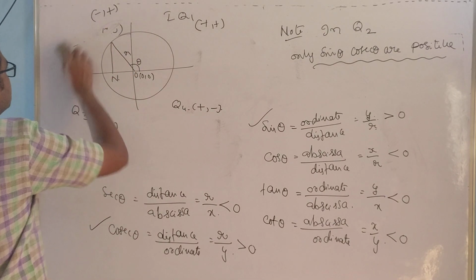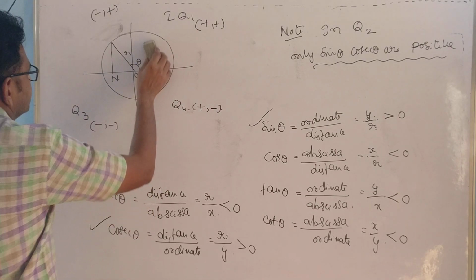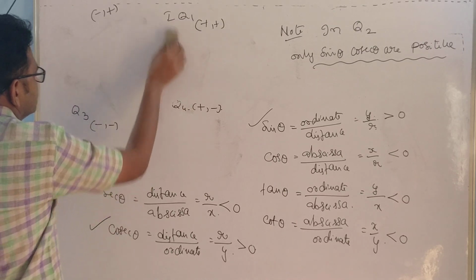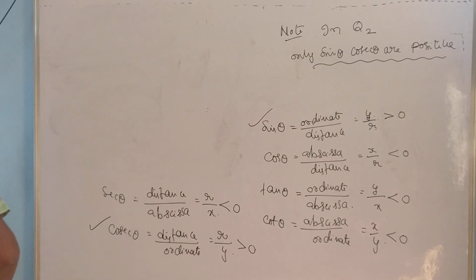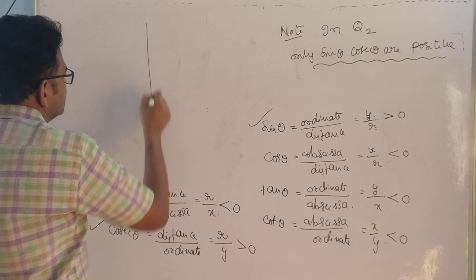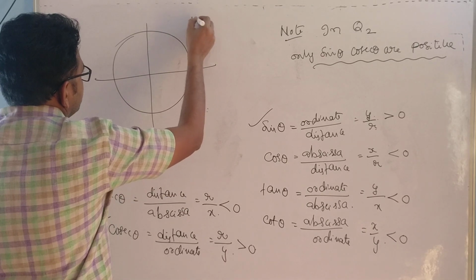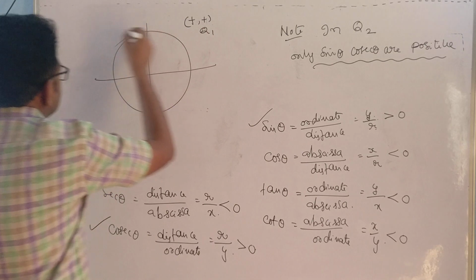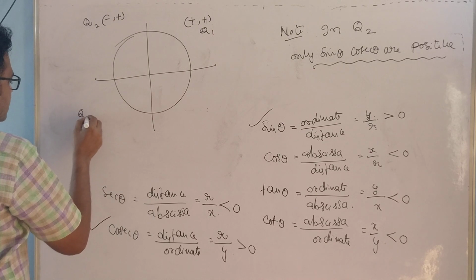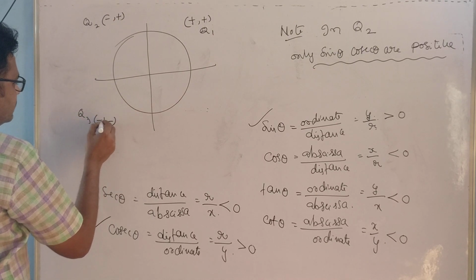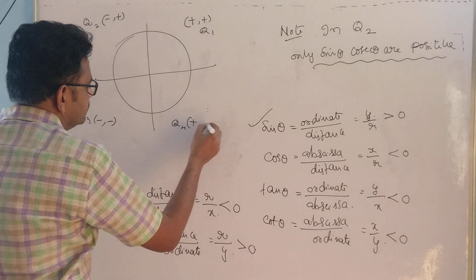Next one. So this is the first quadrant Q1, positive; second quadrant, negative, positive; third quadrant, negative; fourth quadrant Q4, positive and negative.